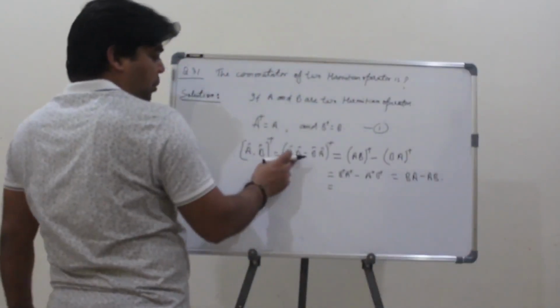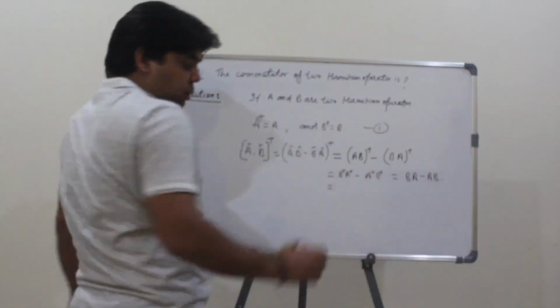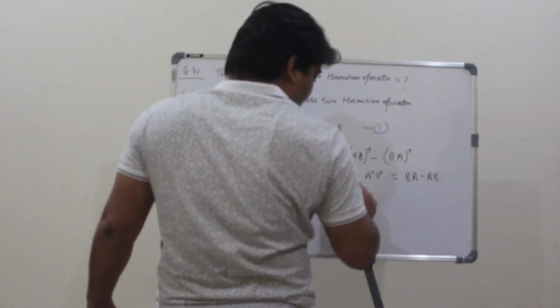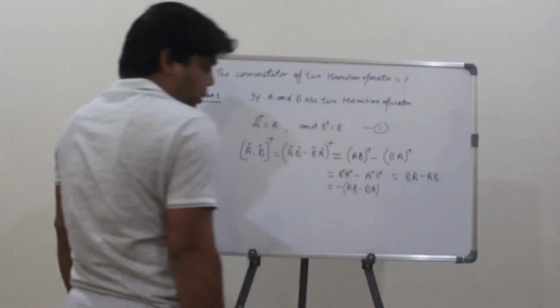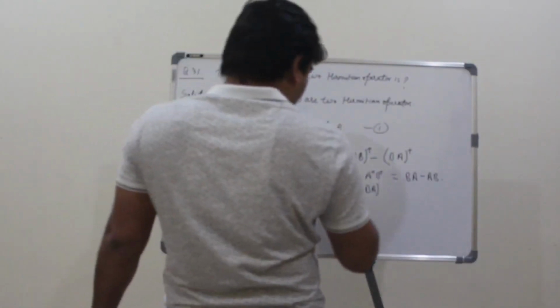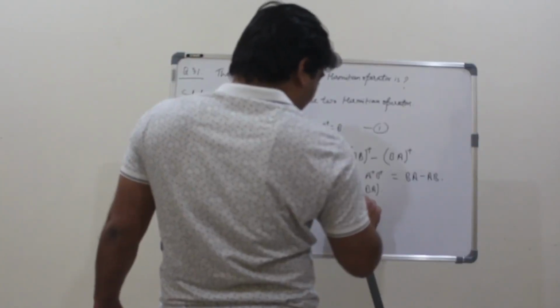You started from AB minus BA, took the Hermitian conjugate and you got this. You take minus common, it gives you AB minus BA. And this is what? It's the commutator of A and B, with a minus sign.